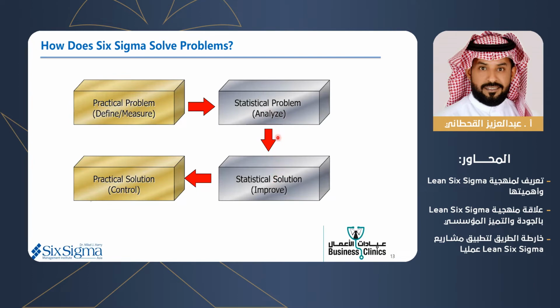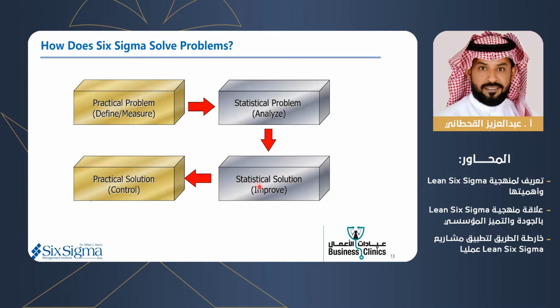All these steps are done through the Minitab software. So once we have the statistical problem, then we try to find a statistical solution, find out the correlation between the parameters or the indications that we have.